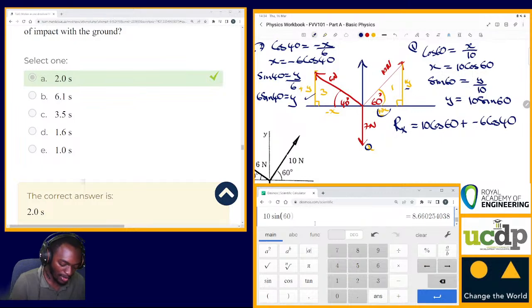That's our components in the x. All right, that's 10 cos 60 minus 6 cos 40. Then we do the same, or before we do the same, let's just sum that up.